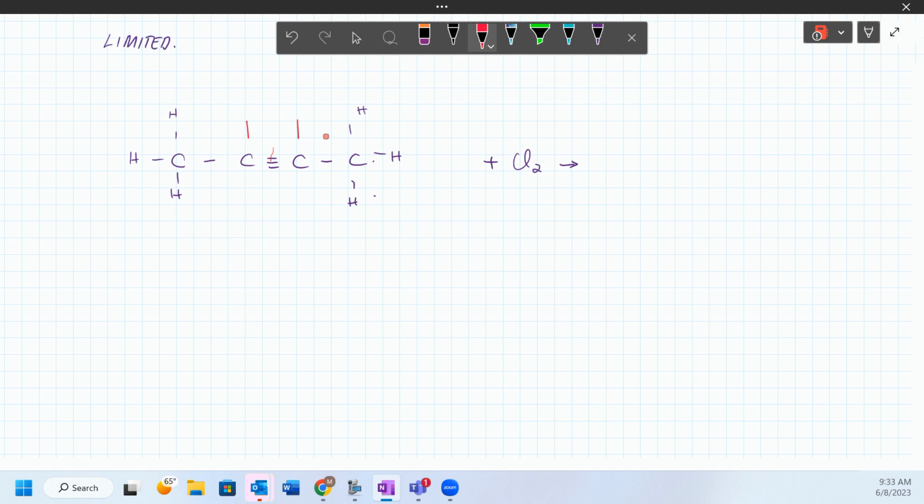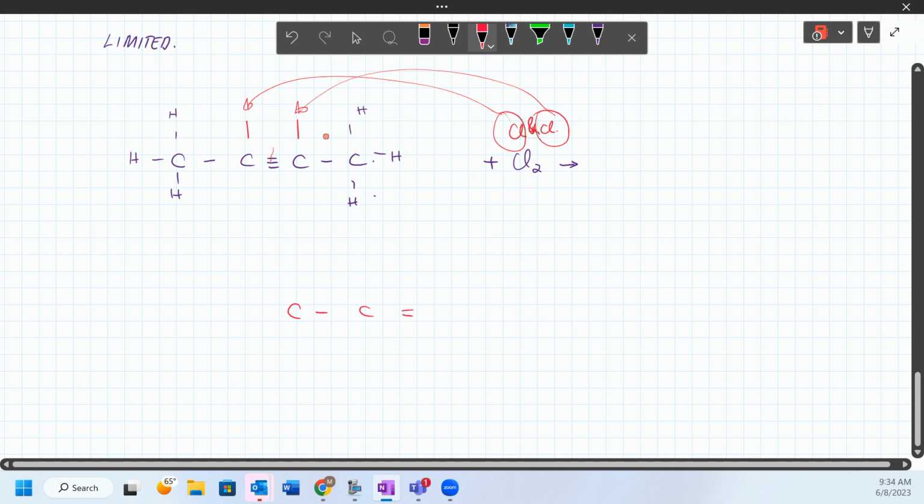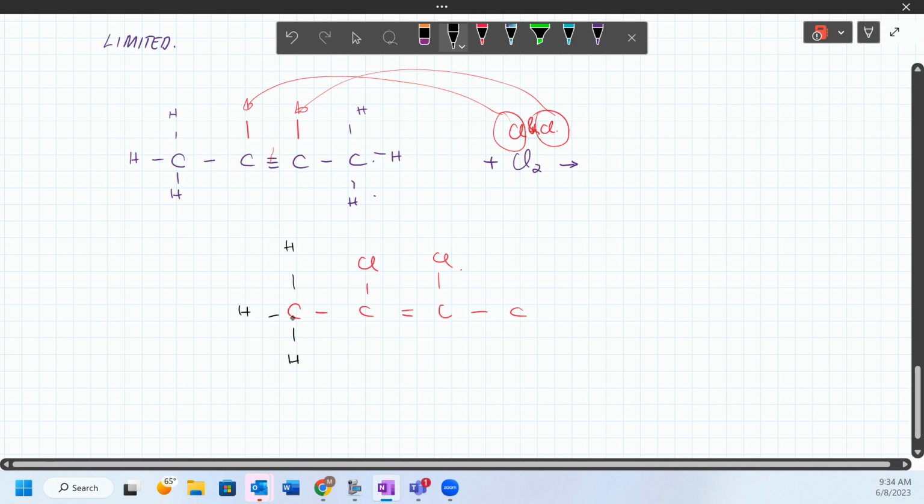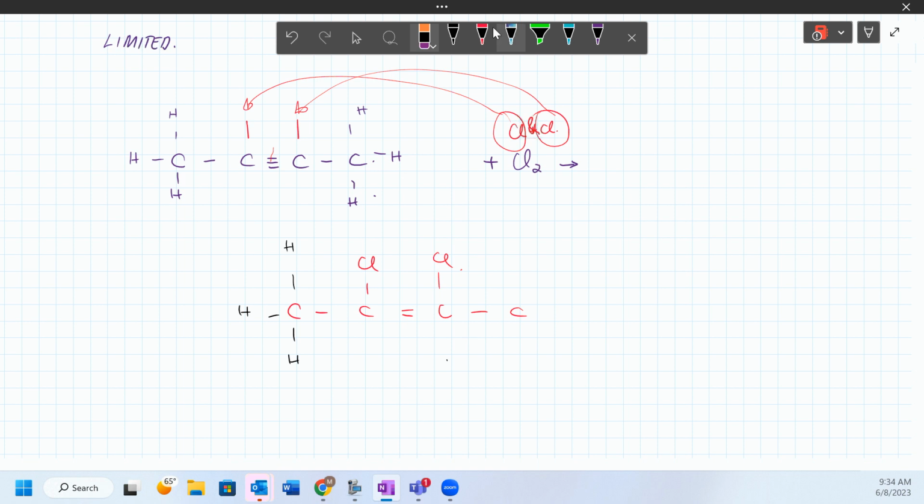Because this is chlorine and chlorine here, one chlorine is going here, and one chlorine is going here, creating this 1, 2 double bond here, and we have chlorine, and then whatever the hydrogen was prior here. H.